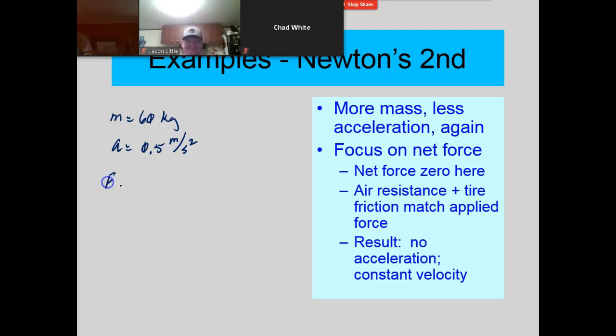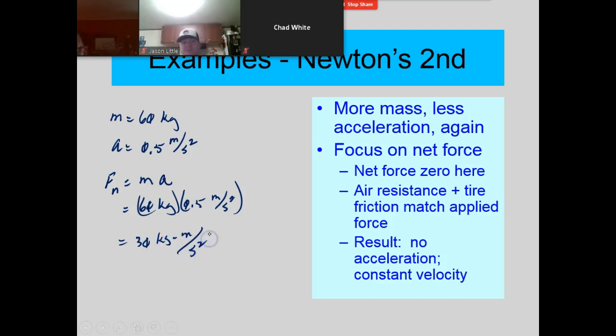So your net force has to be increased here. The net force is mass times acceleration, which would be 60 kilograms times 0.5 meters per second squared. That's basically half, so that is 30 kilogram meter per second squared.